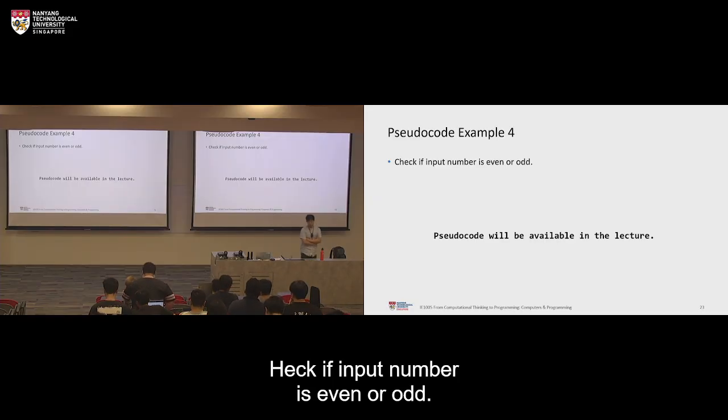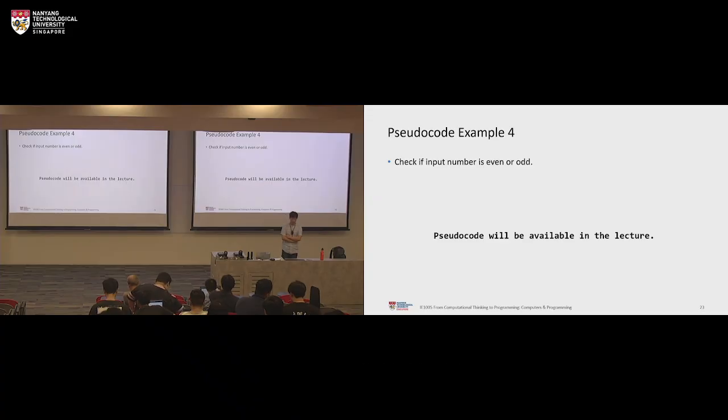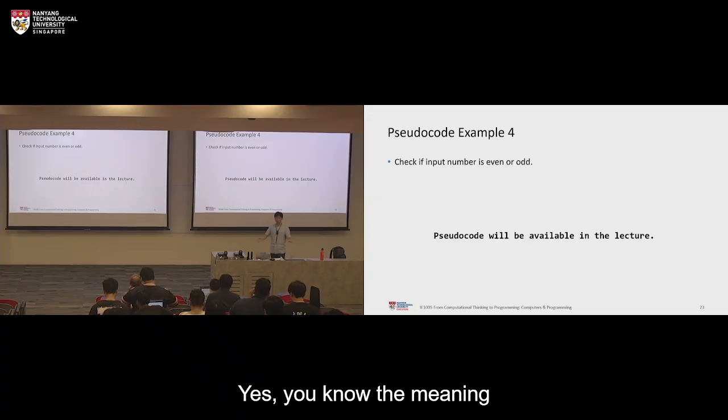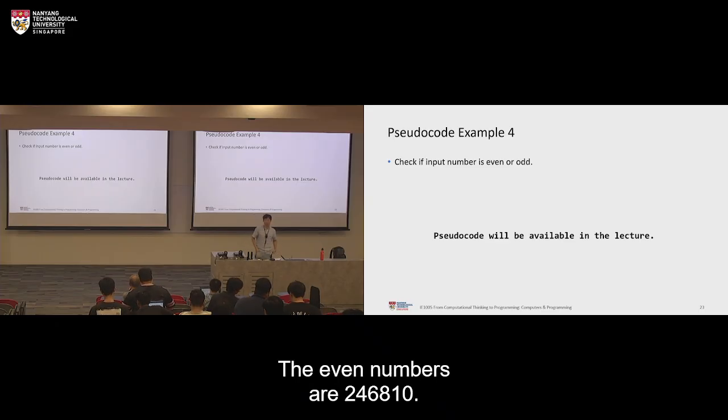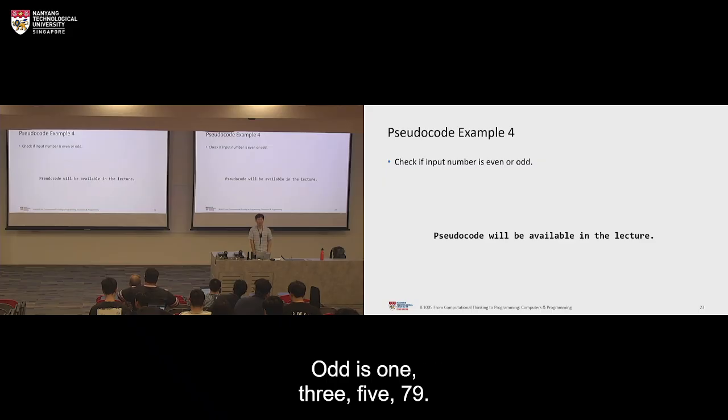So check if input number is even or odd. You know the meaning of the even or odd numbers, right? The even numbers are 2, 4, 6, 8, 10. Odd is 1, 3, 5, 7, 9.